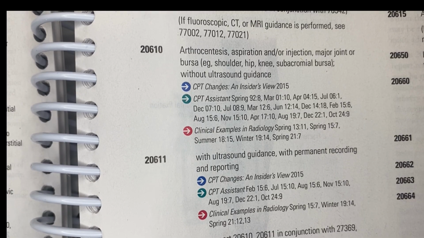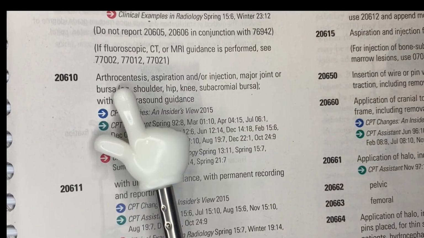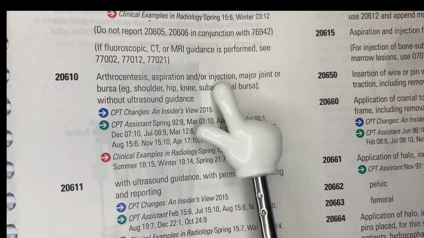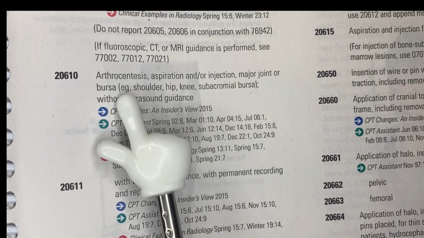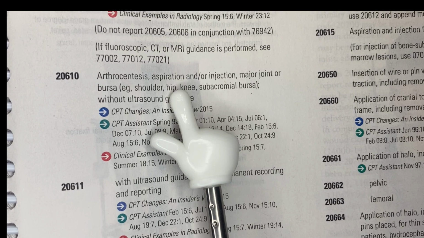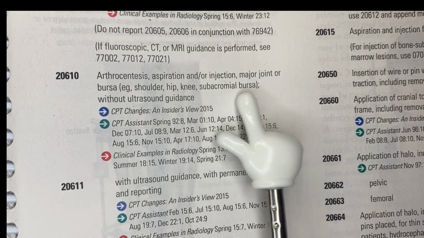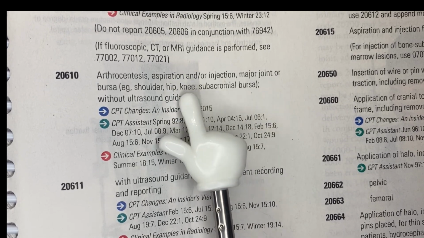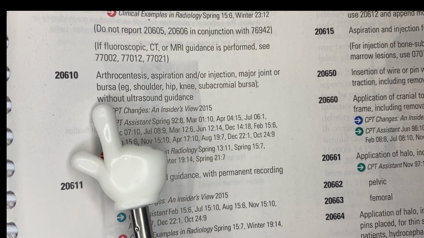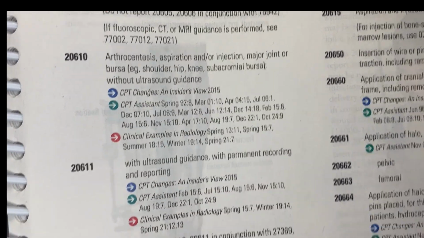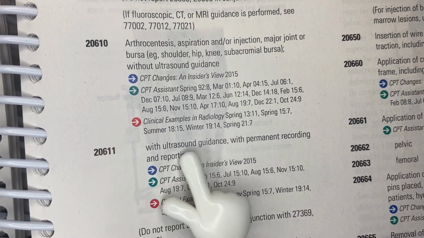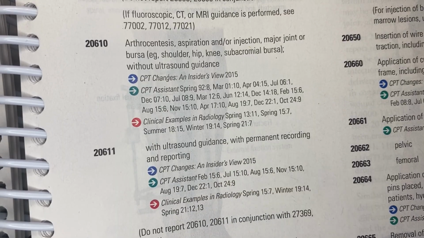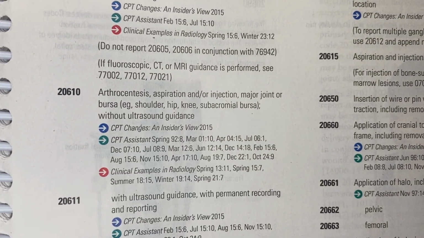That says arthrocentesis, aspiration or injection, which is what we did, of a major joint or bursa of the shoulder, hip, knee, subacromial bursa. So our area, which is the knee, is right, without ultrasound guidance. The second one is 20611, and this one says with ultrasound guidance with permanent recording or reporting. We know offhand that is not our code, that does not match our documentation.